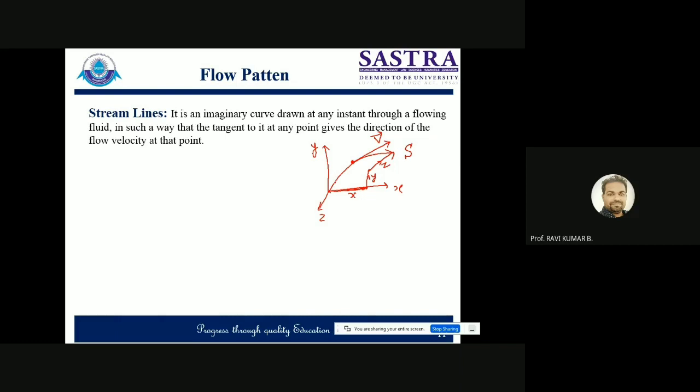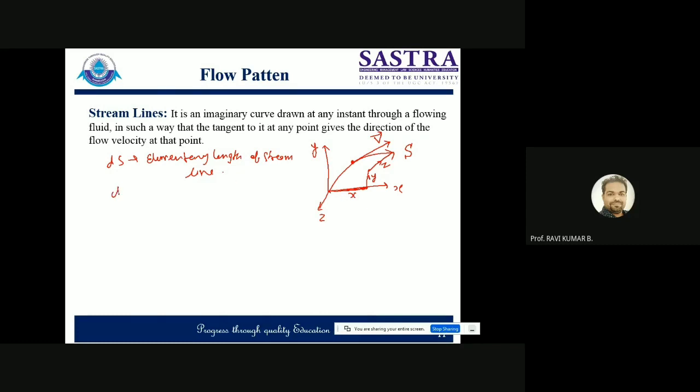So we have assumed an elementary streamline. Let's suppose this elementary streamline has a length of ds. So I am writing here, ds is the elementary length of streamline. If I am saying elementary, all these coordinates which I am representing here will be elementary coordinates dx, dy, dz.